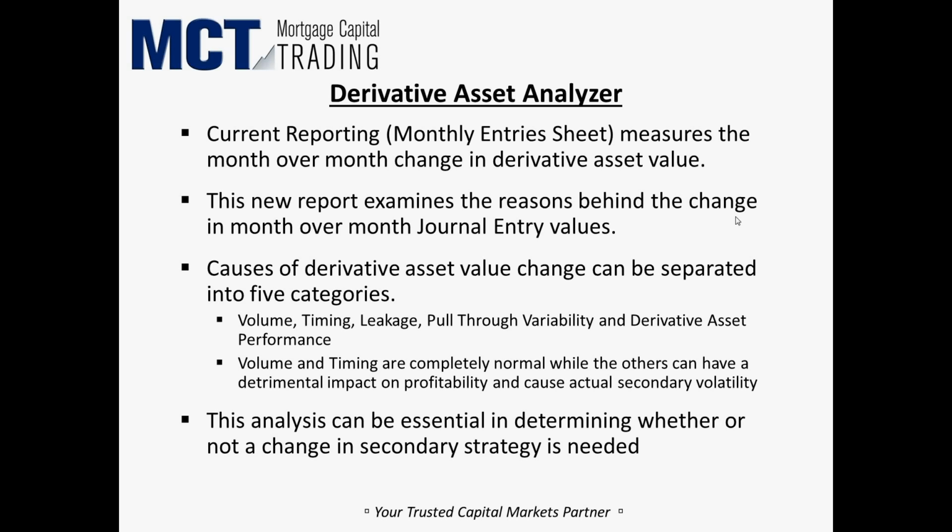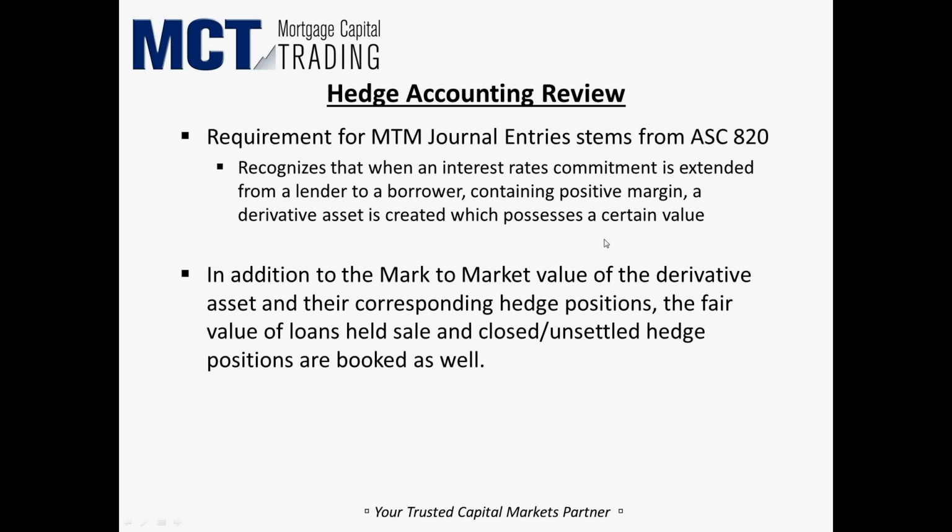The key is to make sure that we are pulling out the noise of volume and timing differences when we're looking at one month's derivative asset entries versus the next, to see if we truly do have a performance issue. As it says here, it's essential to strip out volume and timing to see if there's a derivative asset performance issue, or if potentially we have a leakage or a pull-through issue.